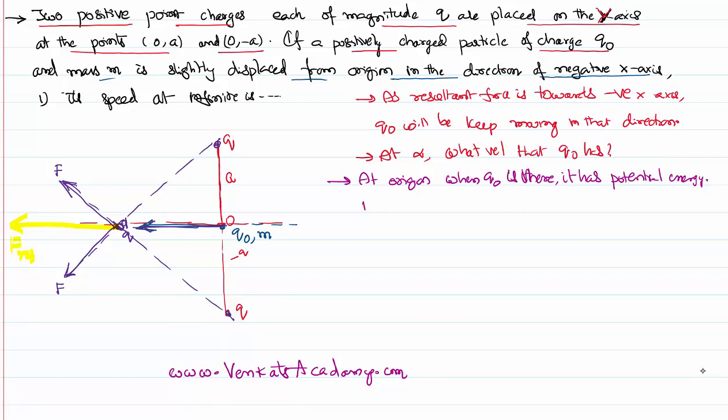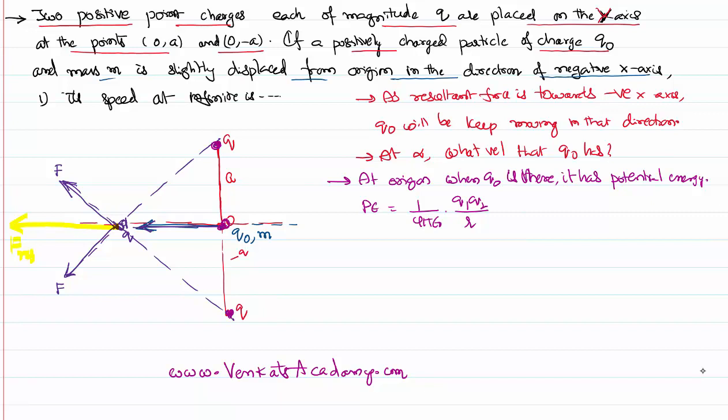We know the formula: potential energy is 1 by 4 pi epsilon naught q1 q2 by r. So between these two points there is some potential energy, between these two points also there is some potential energy, and between the first and last also there is potential energy. So the initial energy is only potential energy because all of them are at rest.